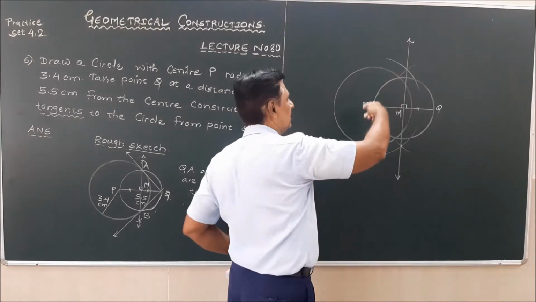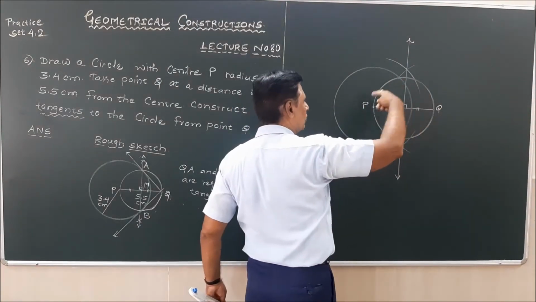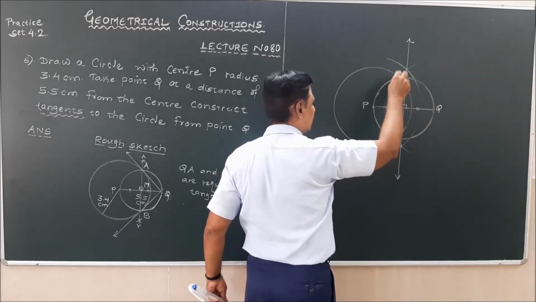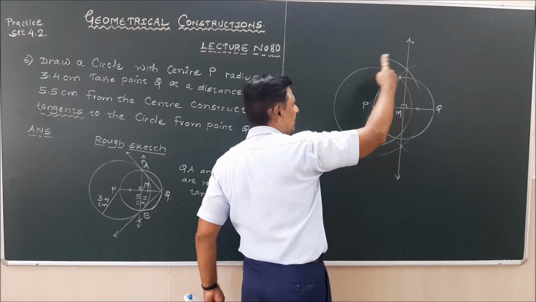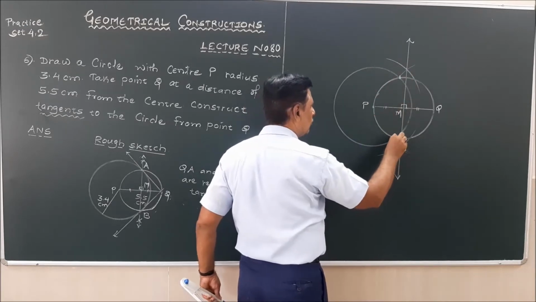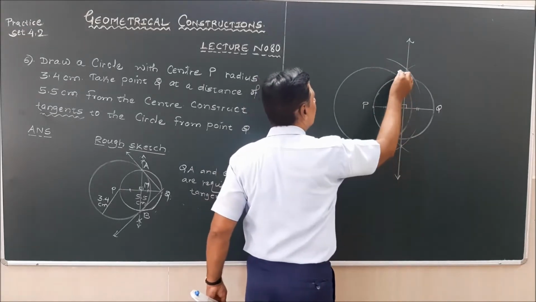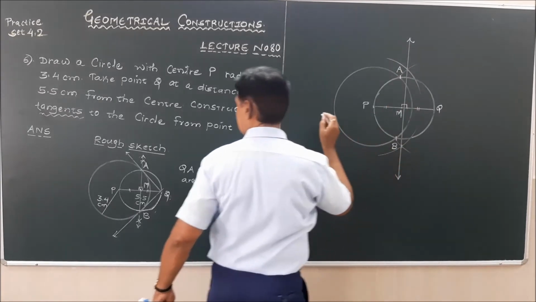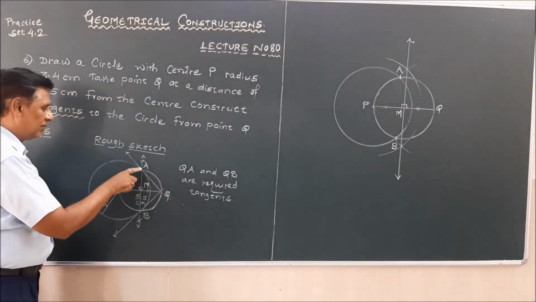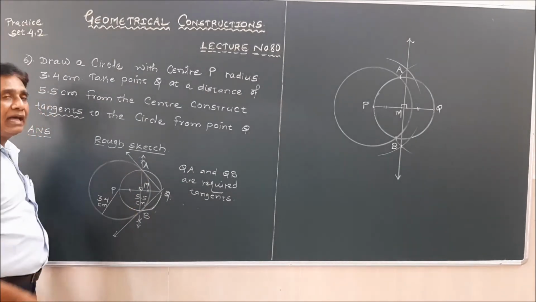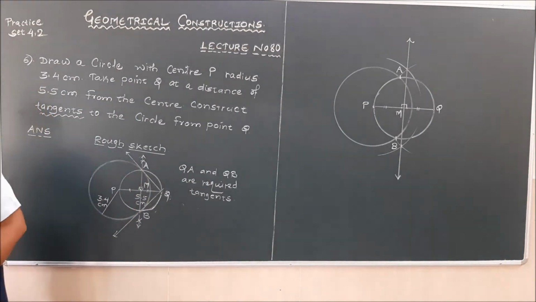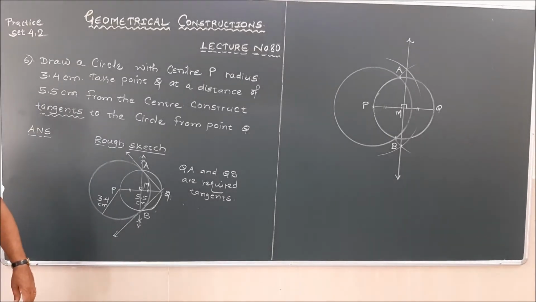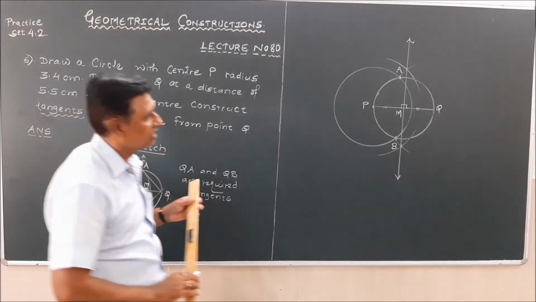Now this newly drawn circle with center M intersects the previously drawn circle in 2 points. Label these points as A and B. Now next step is to draw the tangents.